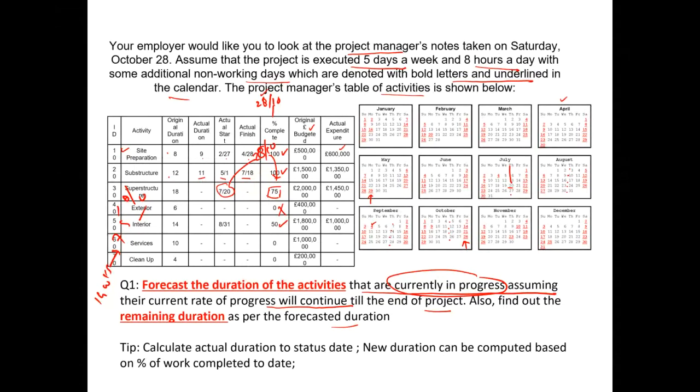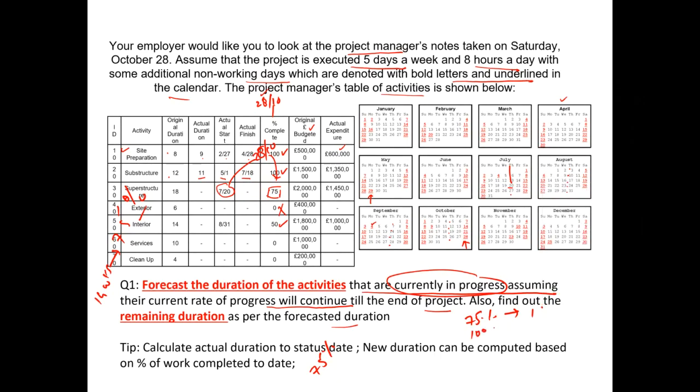Right, so simple percentage calculation. So 75%. Yes, that's right. So basically, 75% of the work is delivered in 14 weeks.